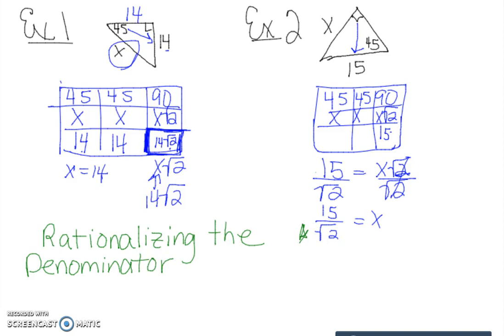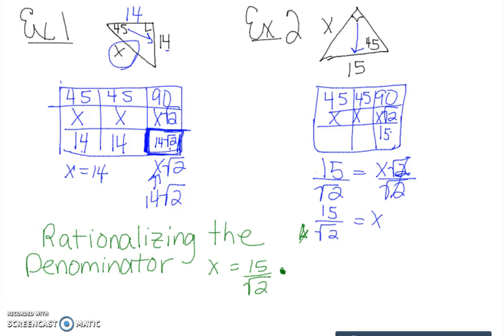Okay, so what we're going to do is take x is equal to 15 over square root of 2. I can't have square root of 2 in the bottom, so I need to get rid of it. Well, if you'll remember, I need 2 square roots of 2 to make a whole. So I need to be able to multiply this answer without changing it.